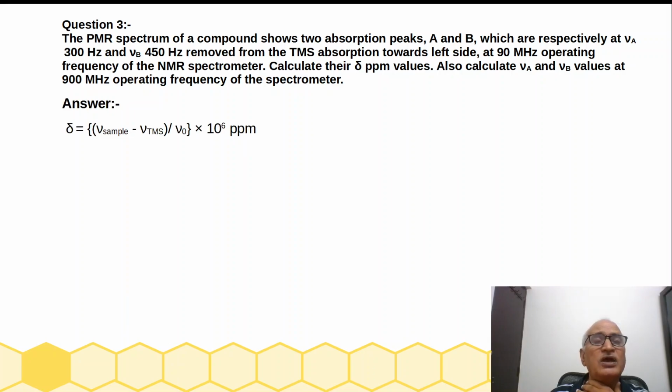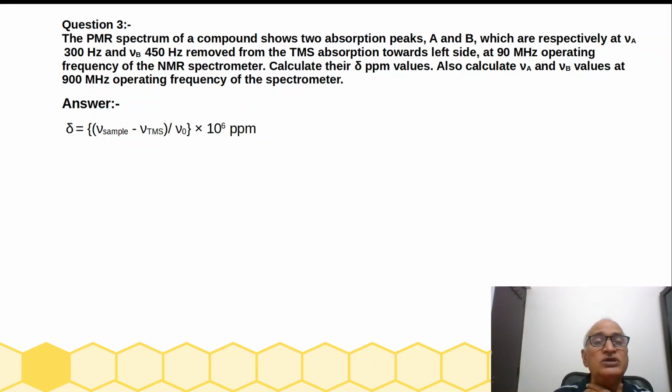Here I have given the formula for the calculation of delta value. Frequency for the sample peak minus frequency for the TMS peak, TMS is used as reference, divided by frequency of the machine, that is operating frequency, this whole multiplied by 10 to the power 6, then again read as ppm.